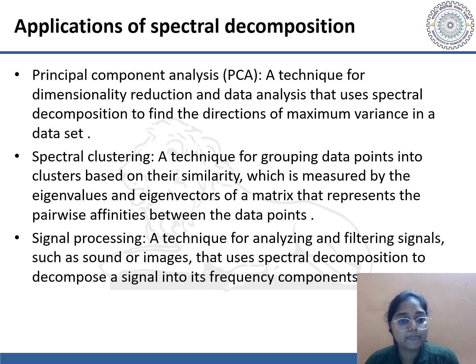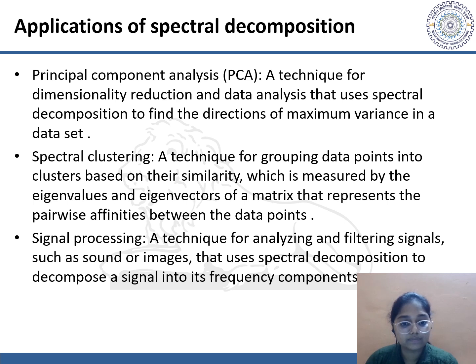For example, principal component analysis (PCA) is a technique for dimensionality reduction and data analysis that uses spectral decomposition to find the directions of maximum variance in a data set, the maximum variance of the information.